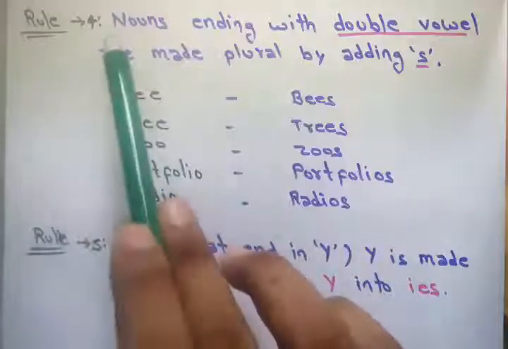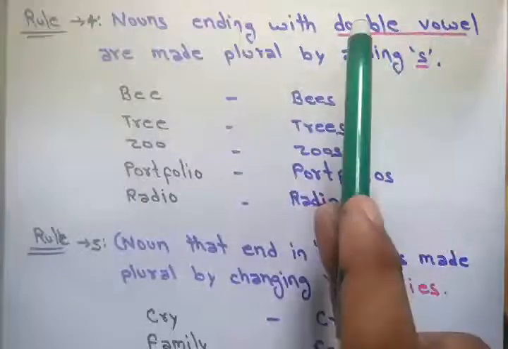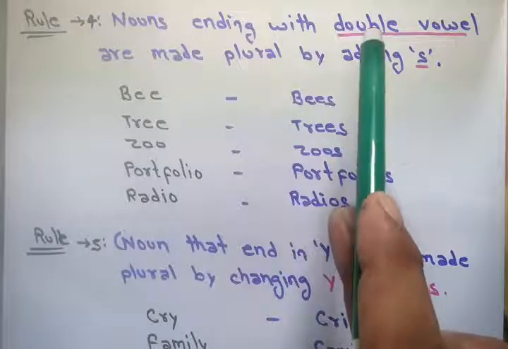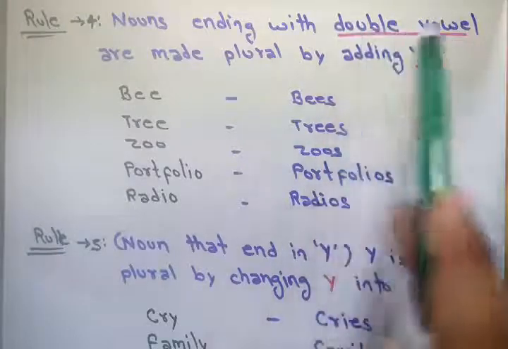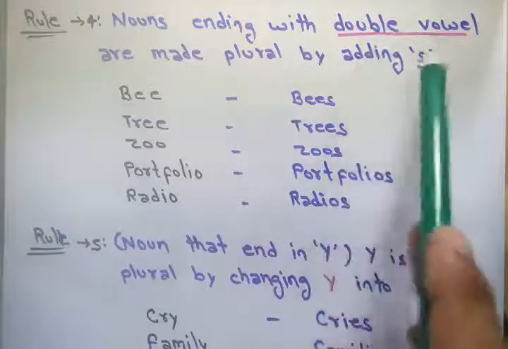Rule number four: nouns ending with a double vowel. Double vowel means double e, double a, and so on. These are made plural by adding s.